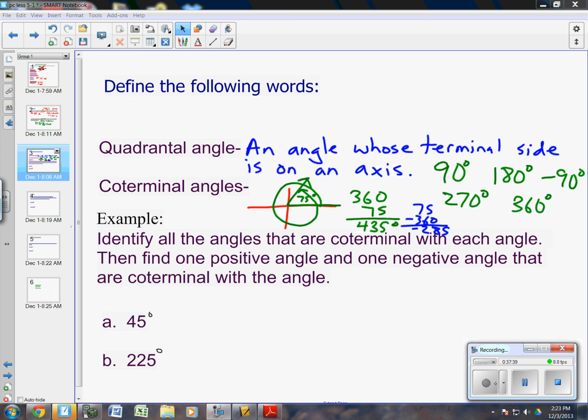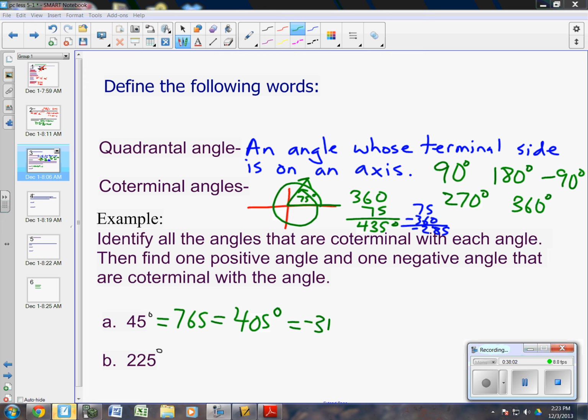This table right back here, give me one for 45 degrees. It's a positive one. 765. Give me another one, this table right here. 405. Give me a negative one right here, this table. Negative 315. Give me another negative one, that table. Negative 675. Good. Okay, 225, this table right here, a positive one. 585.